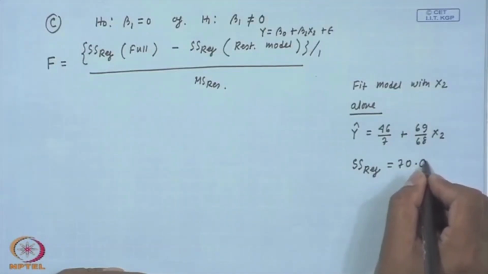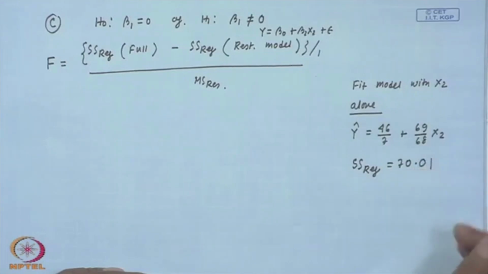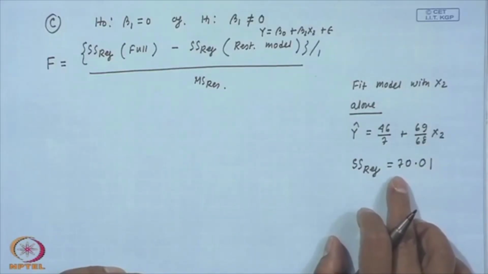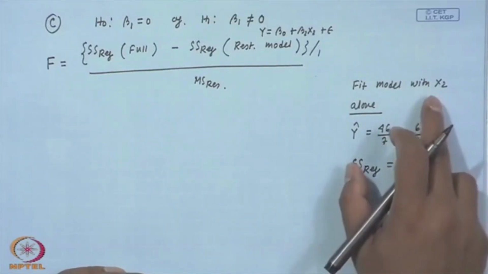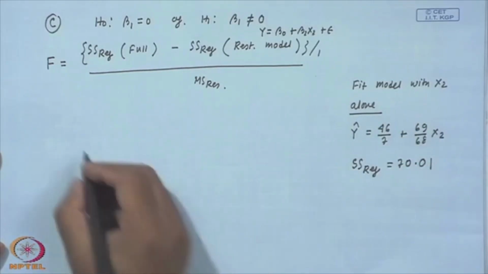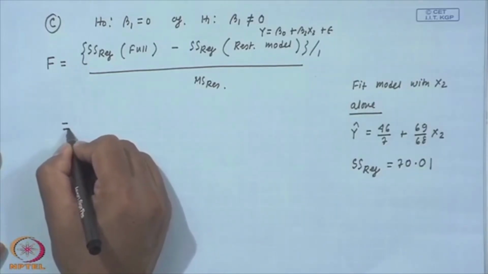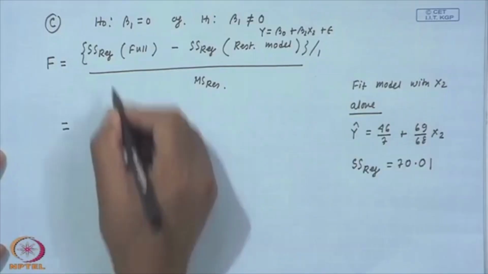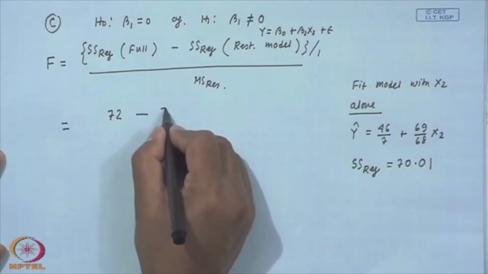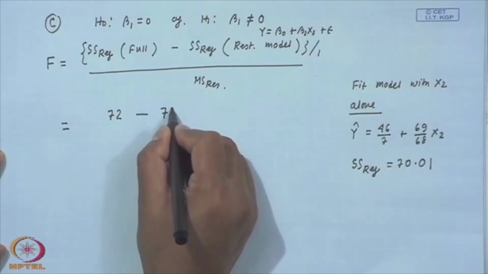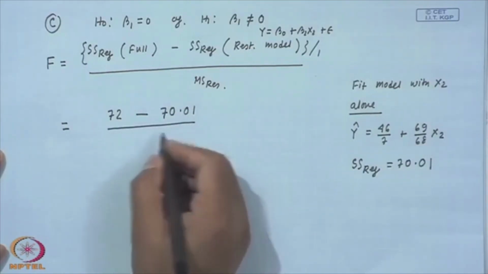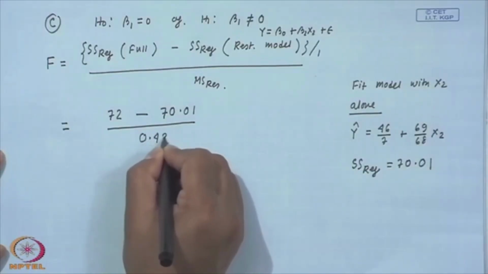So, SS regression is equal to 70.01. Okay. So, this one is greater than the SS regression we got for the model with x 1 alone, that was 64. Anyway, so this one is equal to 72, the SS regression for the full model, minus 70.01, divided by MS residual, we know that is 0.43.